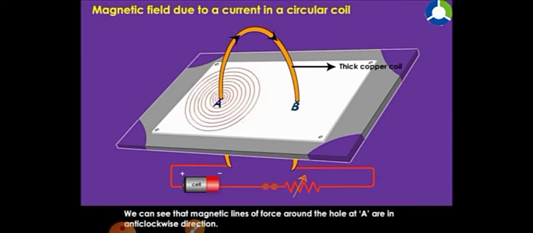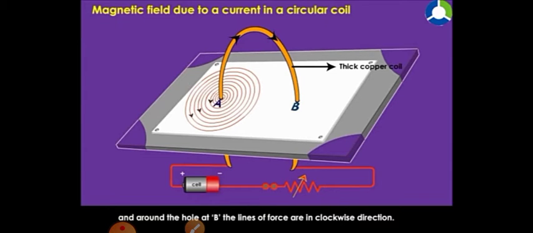We can see that magnetic lines of force around the hole A are in anti-clockwise direction. However, the magnetic lines of force near the center of the coil become almost parallel. And around the hole B, the lines of force are in clockwise direction.